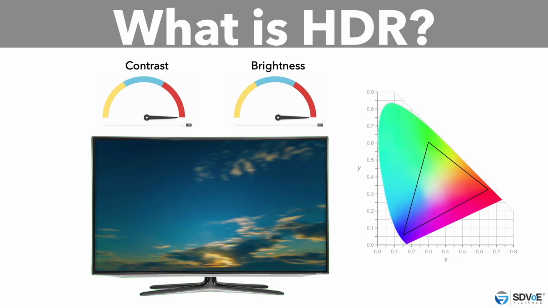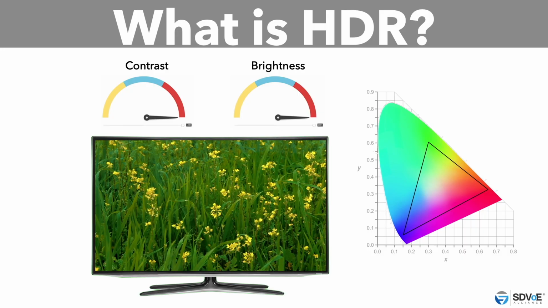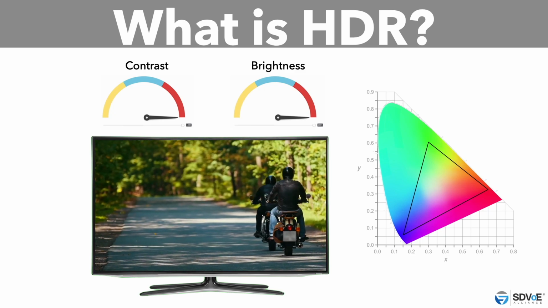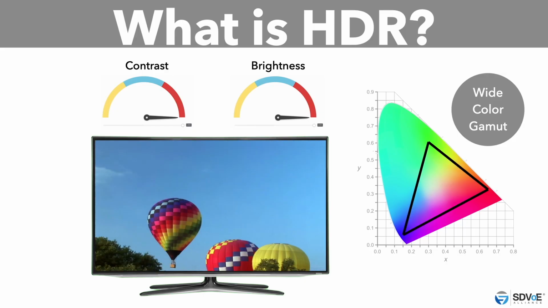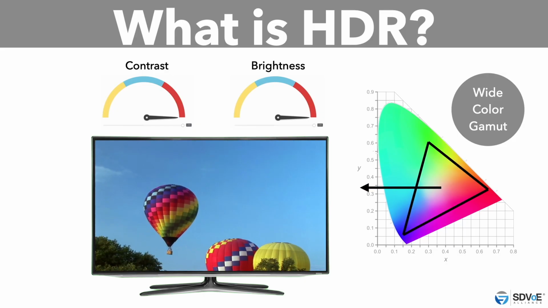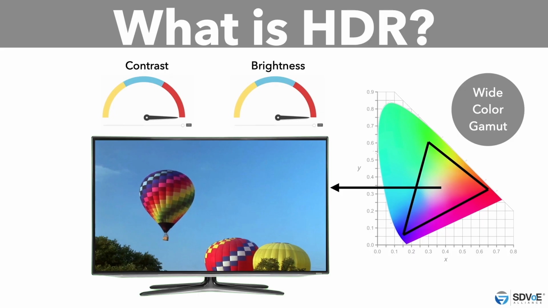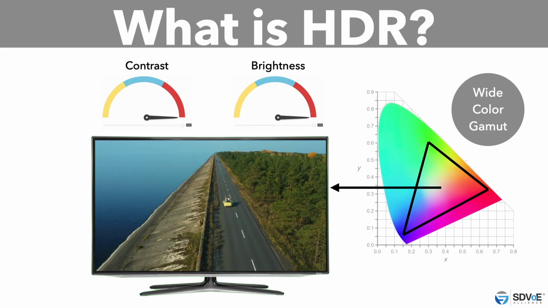We're going to use the same chromaticity chart to help us explain HDR, because while it's not a direct component of HDR, WCG or wide colour gamut describes the amount of colours which can be shown at any one time on a display. And once you understand this, you'll have more clarity on the benefits of HDR.